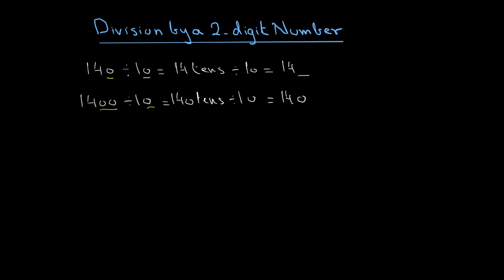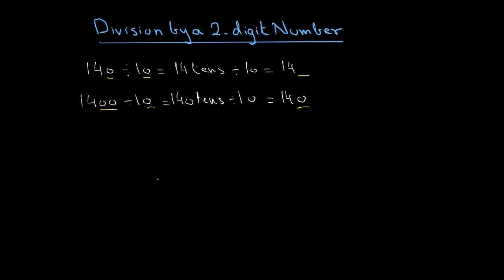There's only one zero here because the two zeros minus the one zero led to one zero. So this is called the cancellation rule for division. And if you had 14,000 divided by 10, the answer would be 1,400. It would be just 3 minus 1, which is two zeros. So that's one fact that you need to remember.